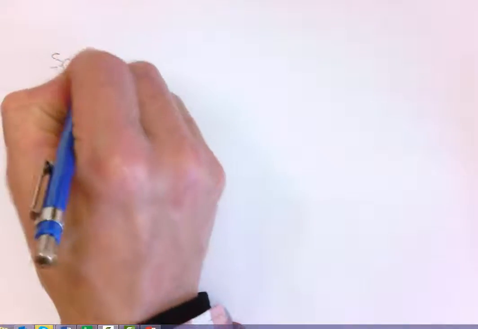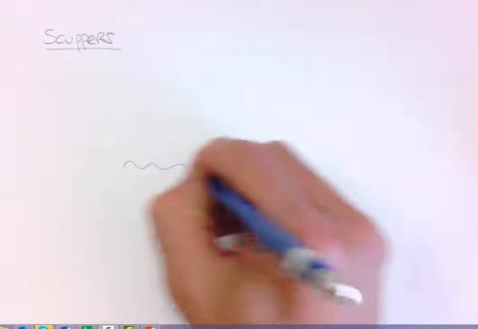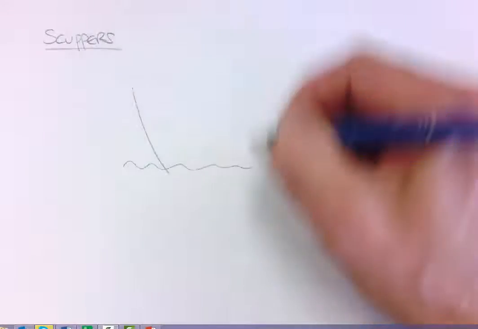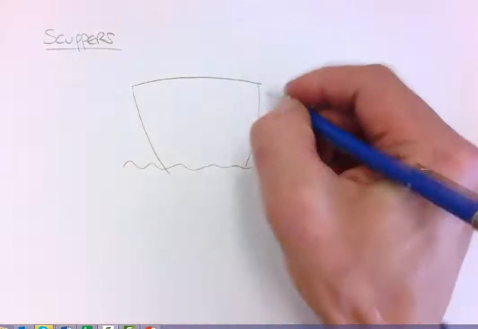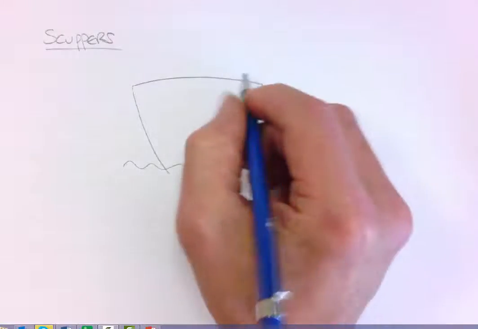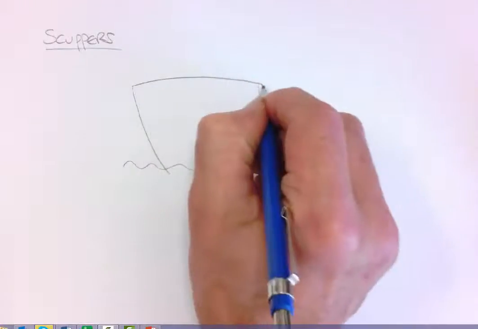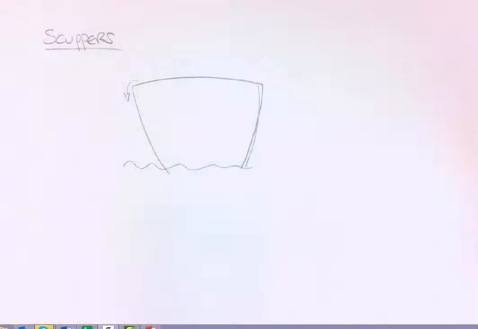The first term is scuppers, and in case you haven't heard that term before, it's anywhere on the vessel that water is allowed to run off the deck, whether it's rainwater or seawater. It can be the natural camber of the deck, where water can spill off.